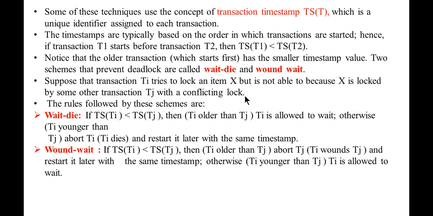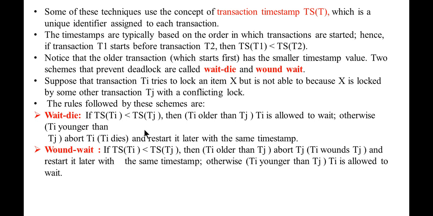Now if X is locked by another transaction Tj, what will happen in wait-die? If timestamp of Ti is less than timestamp of Tj, meaning Ti is older and Tj is younger, then Ti is allowed to wait. Otherwise, when this condition is false, Ti is younger. In that case, the younger one is aborted.